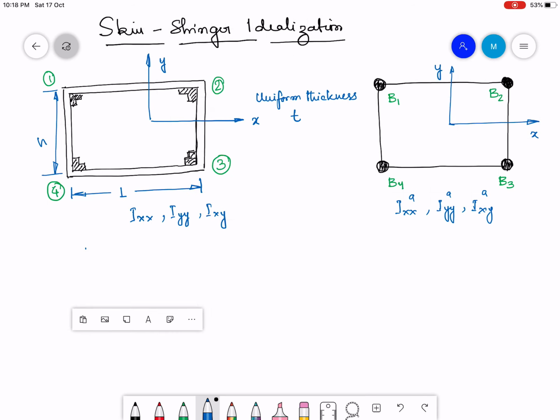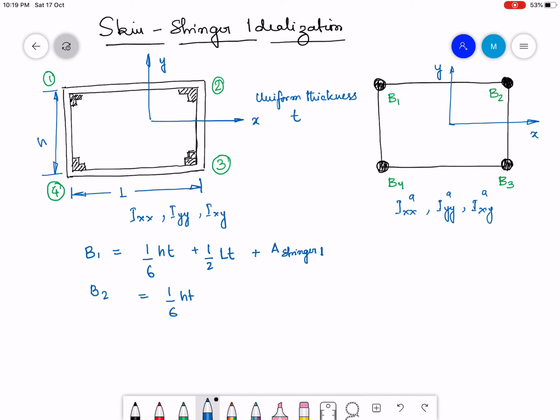We have seen that the area of B1 was equal to 1/6 of H into T plus half of L into T plus the area of stringer 1, and B2 was again 1/6 of HT plus half of LT plus the area of stringer 2.